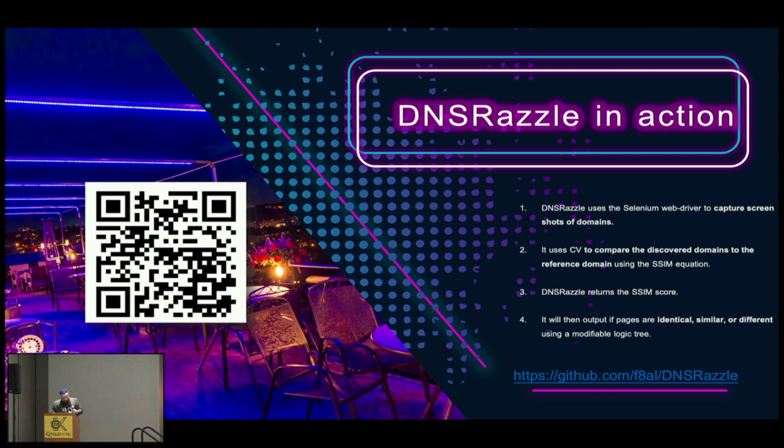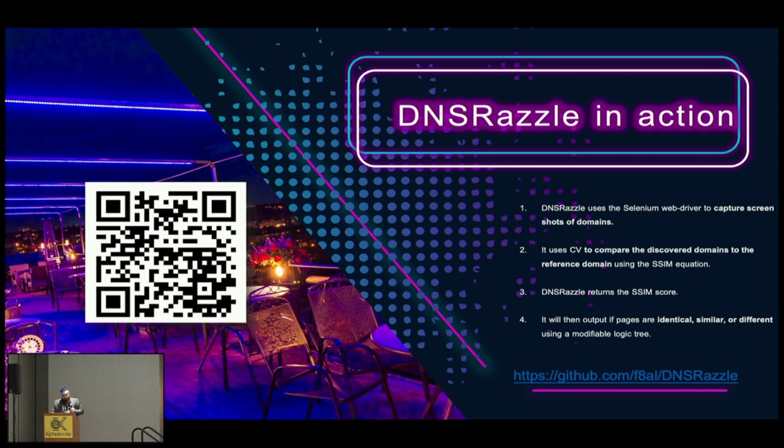So how does it work? Well, it uses the Selenium WebDriver, which, if you were in here for the previous talk, I am not one of the bad bots. It uses a Selenium WebDriver to use a headless browser to grab the screenshots of both the reference domain that you provide initially, as well as the domain you're wanting to compare it to.